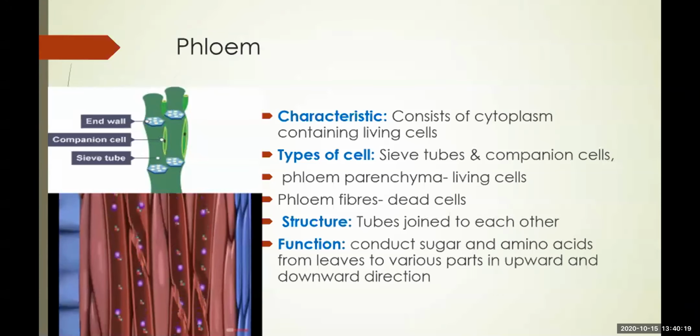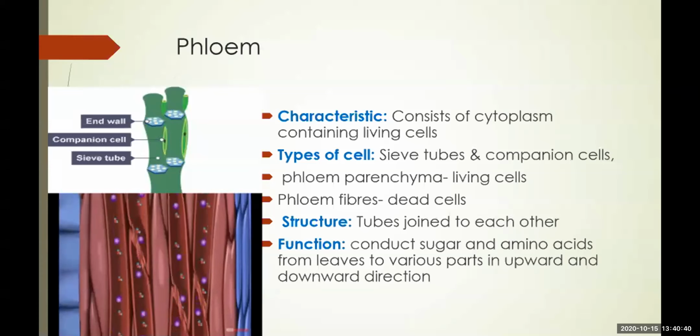Whereas the phloem consists of sieve tubes and companion cells, phloem parenchyma, that are living cells, and phloem fibers, that are dead cells. Again, they have the joint tube, sieve tube cells in the form of a pipeline.